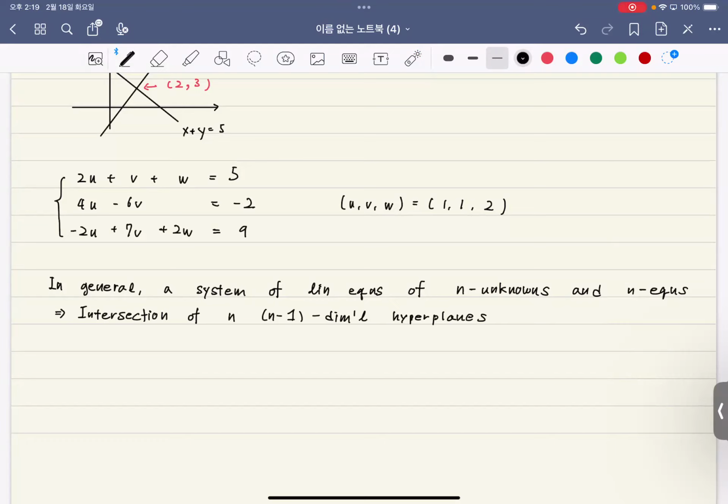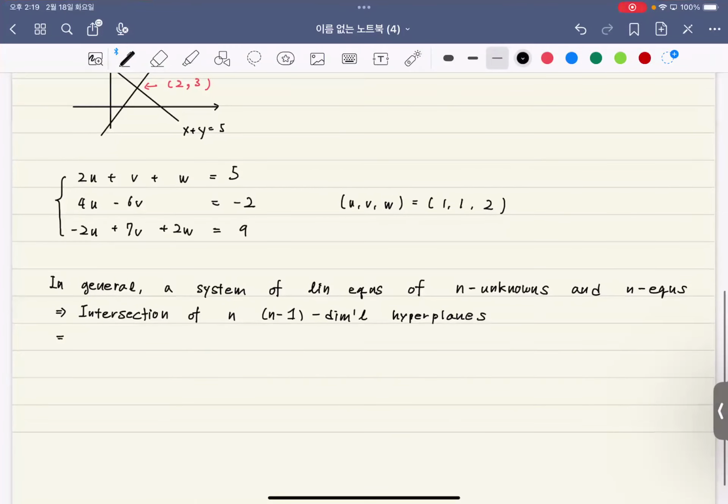And well, if you have n unknowns and n equations, then most likely you're going to get exactly one solution, right? That means most likely in this case, the common intersection point of all these n minus 1 dimensional hyperplanes is going to be precisely one point.